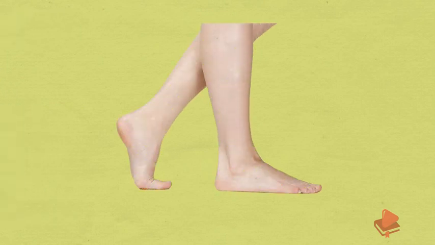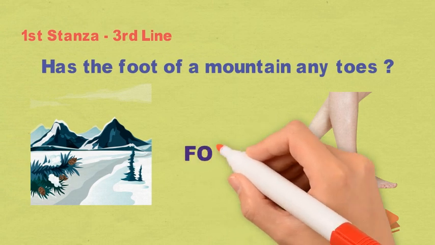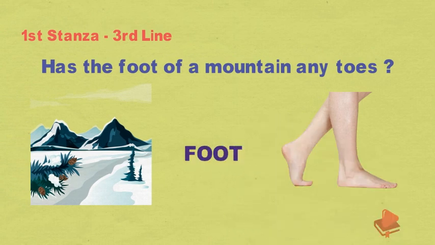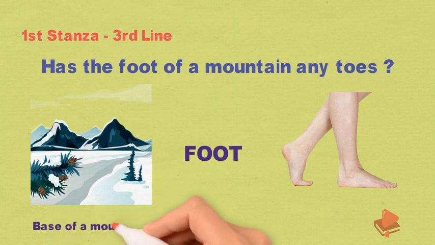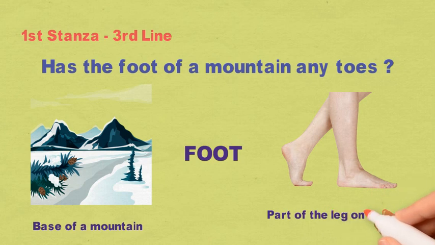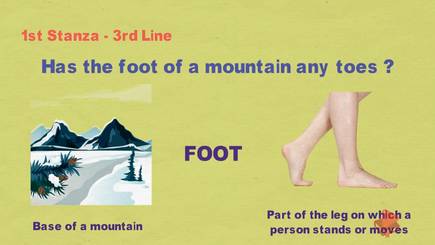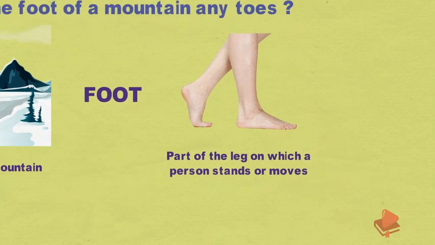On the other side, it's a human being having the fingers and the toes. So the homograph in this line, on one side the foot means the base of a mountain, wherein the other side it also means the part of the leg on which a person stands or moves. So that is one of the homographs the poet is trying to tell.